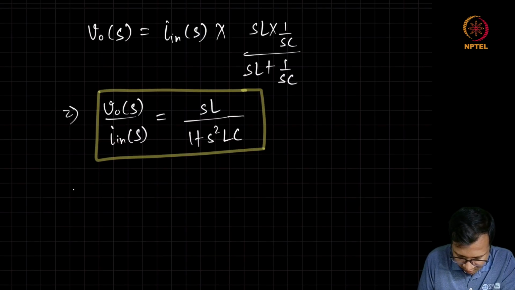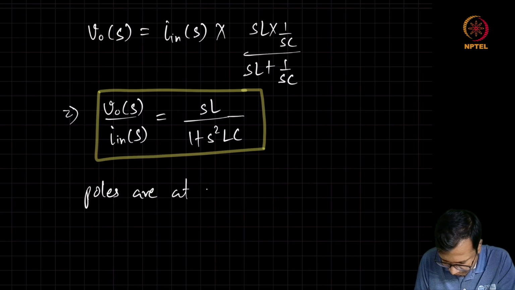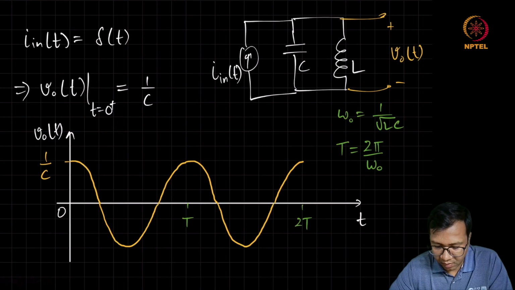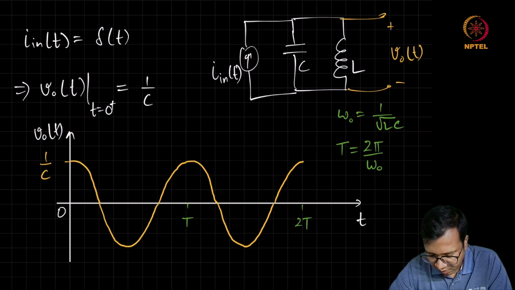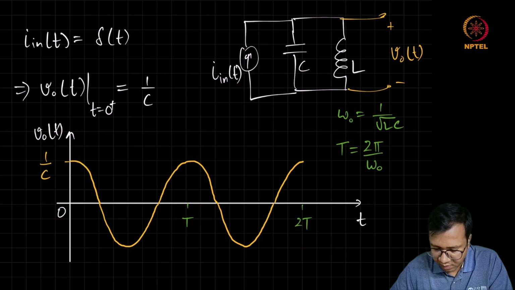So here poles are at plus minus J by root over LC. Now it looks like such a simple circuit can be used to design an oscillator. We just need to add some initial condition.